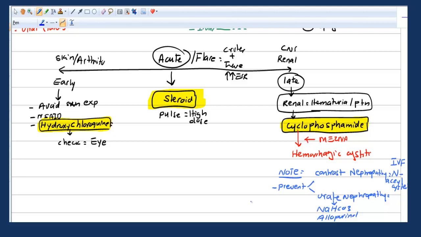Riyadh, is the cause of death in SLE renal or cardiac or infection? This is interesting. I don't think it's cardiac here. I think the cause of death is renal.